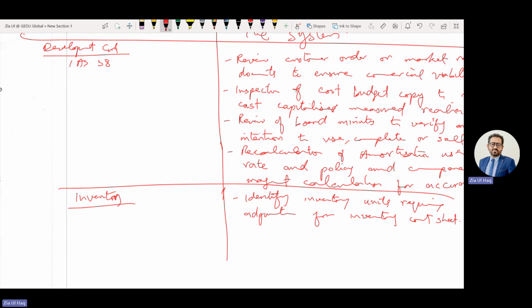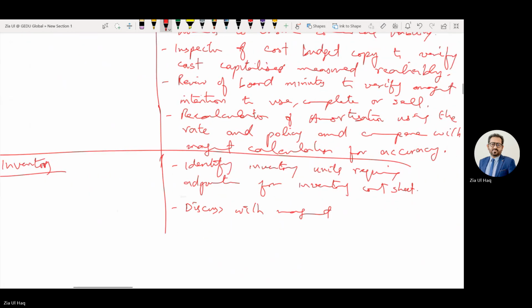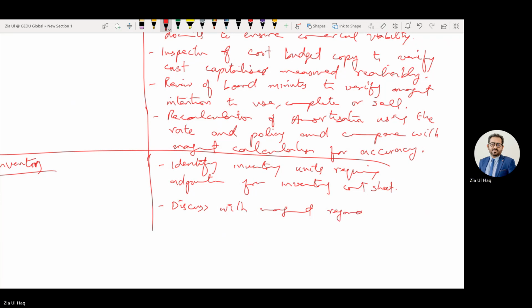In this category of inventories having how many units, we can identify from inventory count sheets. Discuss with management regarding adjustment in financial statements in relation to NRV calculation.